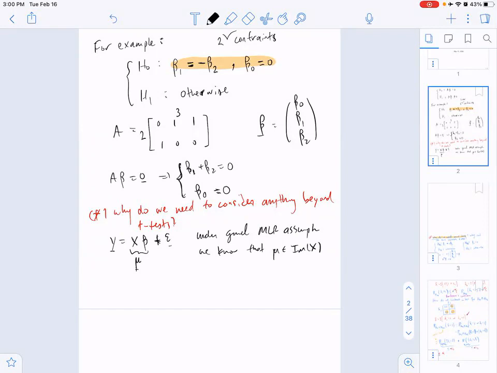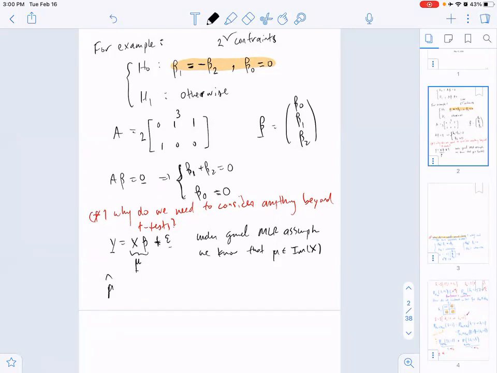Why does mu belong to the image of X? Maybe someone wants to elaborate on this. Because it's projected onto the image of X. Okay, it's a good point, but this is not mu hat.